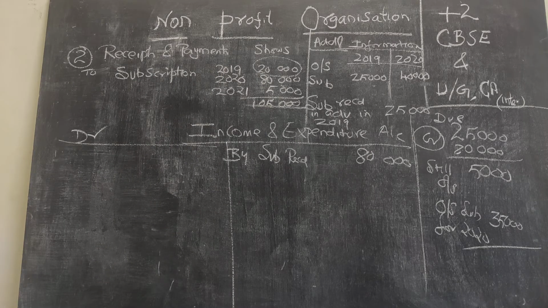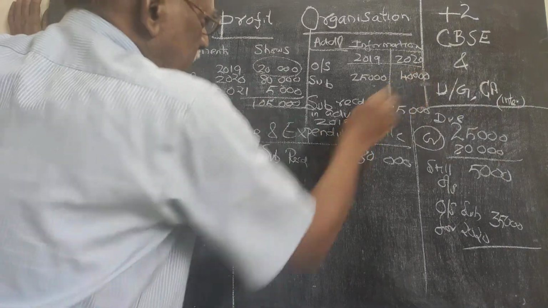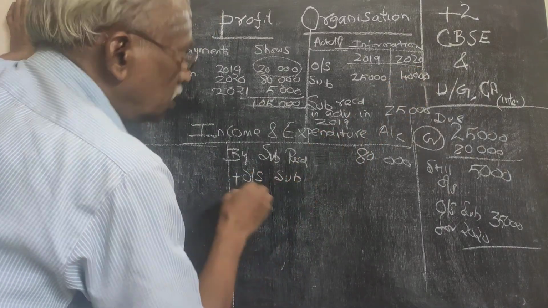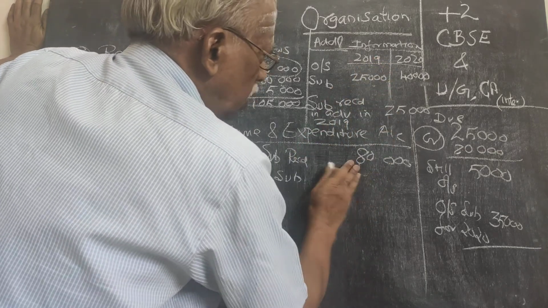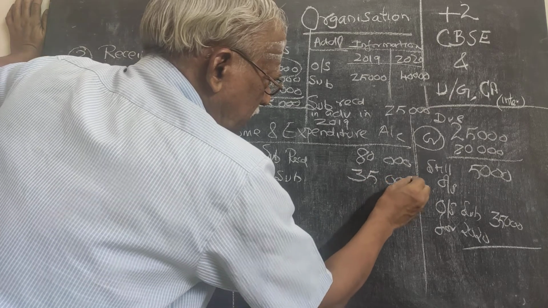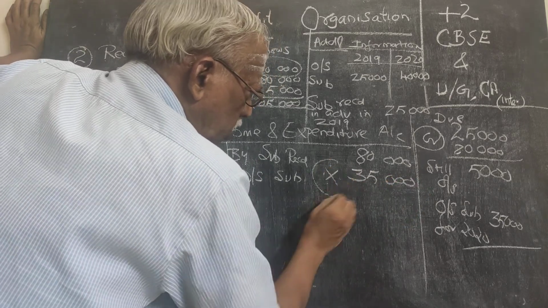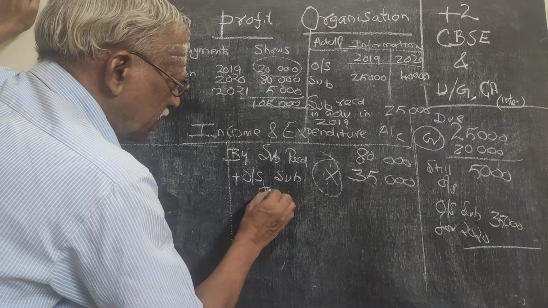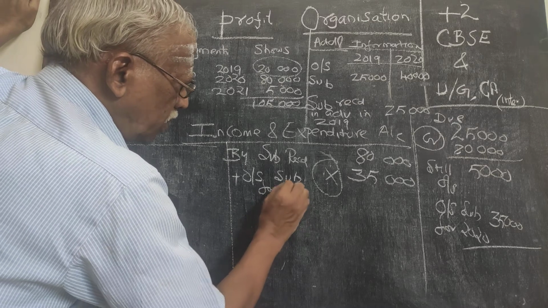And then outstanding subscription for this year: 40,000? Outstanding subscription for this year is 35,000. So generally we make this mistake here. Don't consider 40,000. It is only 35,000 during this year, the outstanding subscription for the current year.